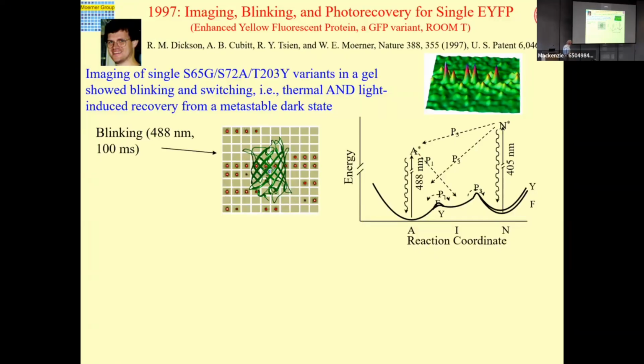That is, the molecules would be on for successive 100 millisecond frames, emitting light, and then turn off for a long time, a second or two, but then come back on spontaneously, and then off and then on. So this is some process where the molecule is cycling, giving you light, and then goes into an intermediate state, but can thermally come back from that intermediate state and start emitting again. This is a reaction of the chromophore I'll mention in a moment.